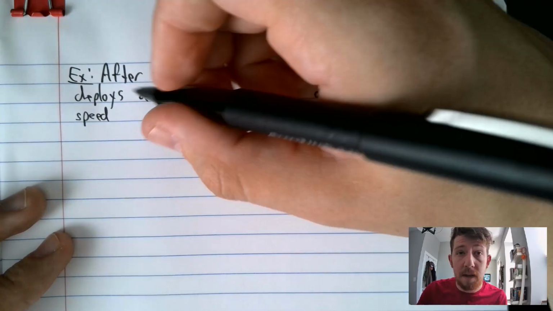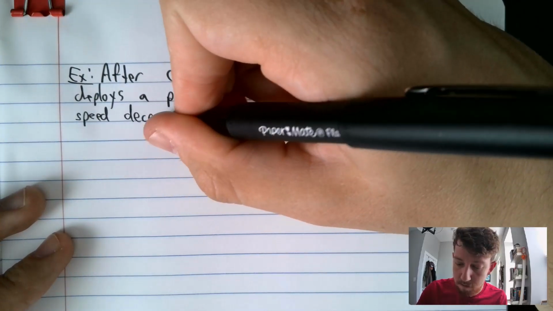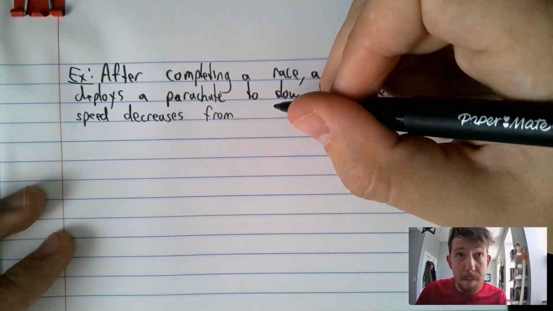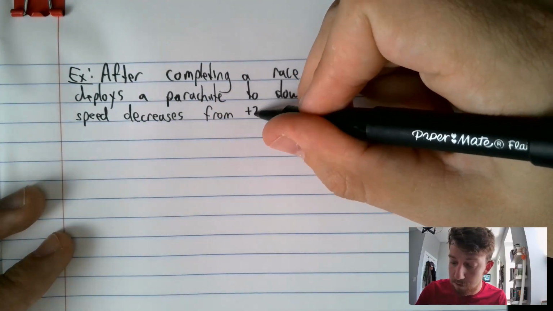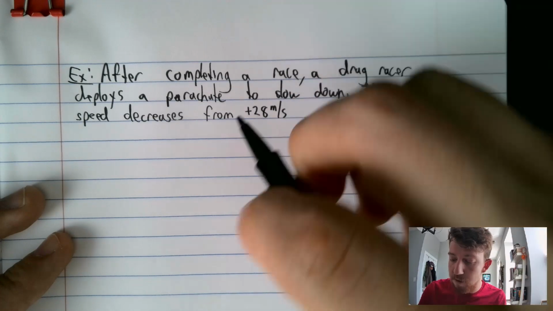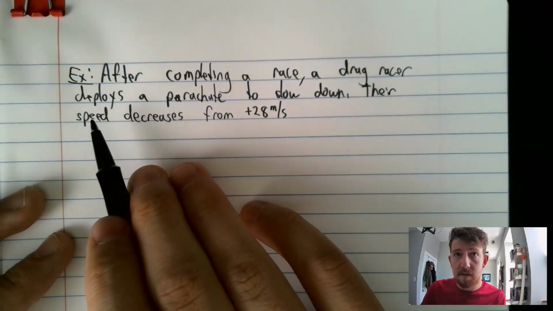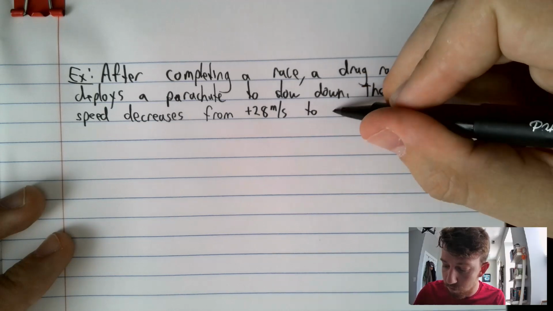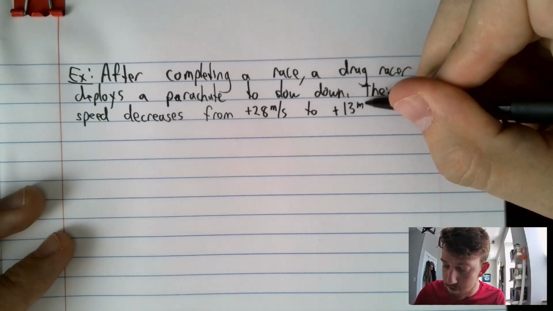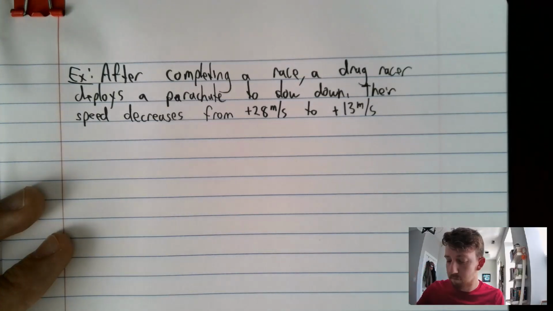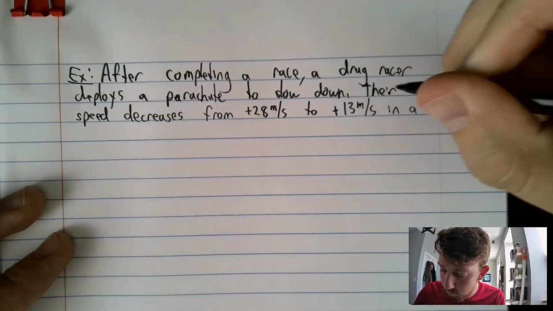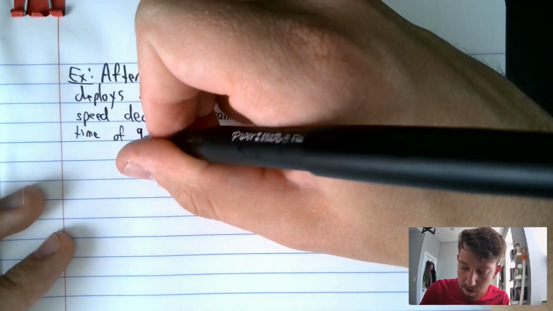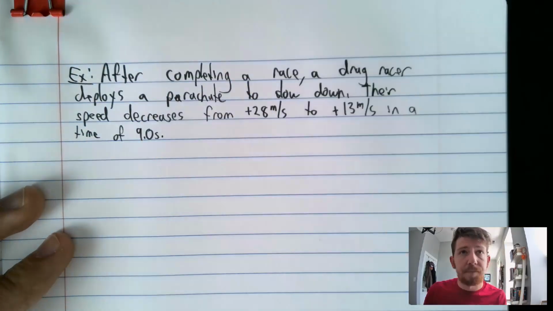Their speed decreases from plus 28 meters per second. You know what, that should say velocity, but it's okay. To plus 13 meters per second in a time of 9.0 seconds.